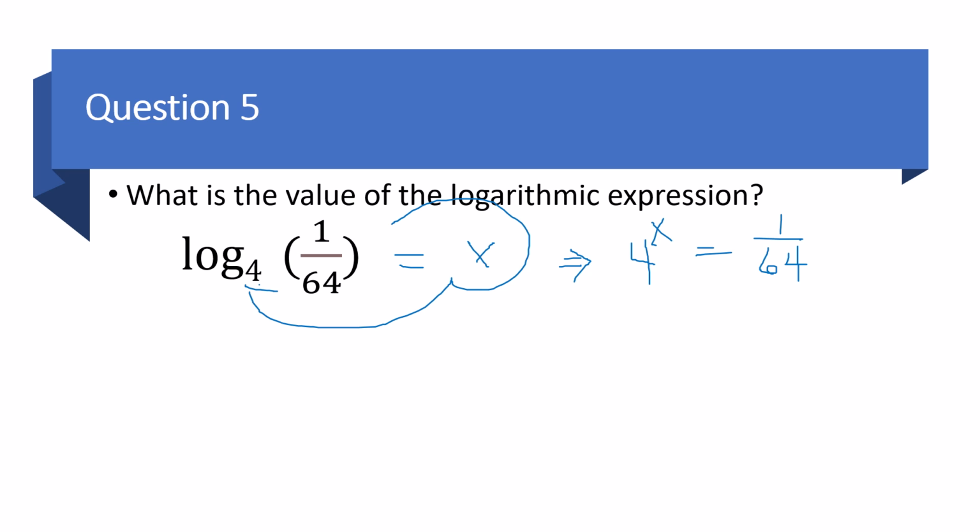Well, the first thing I'm going to do is look at this, and I'm going to know right away that this is going to be a negative number. Is 64 a power of 4? Let's test that theory out. 4 times 4 is 16. 16 times 4 is 64. So 4 to the third power is 64.